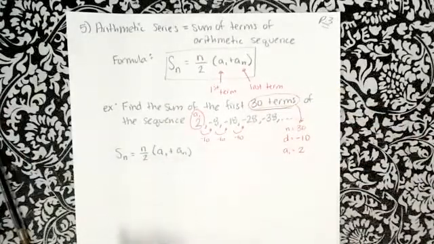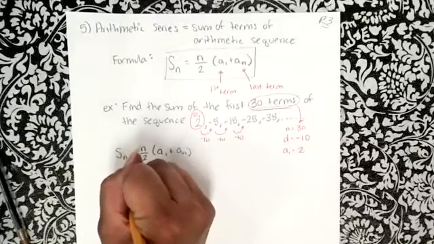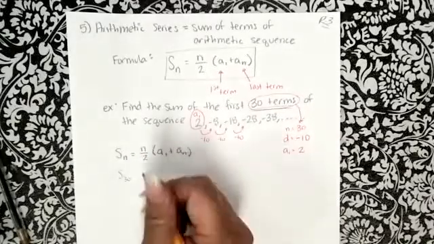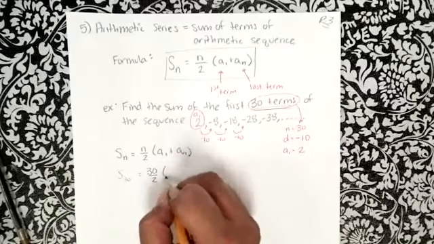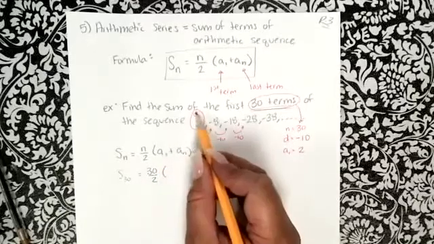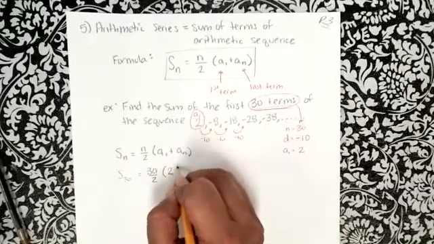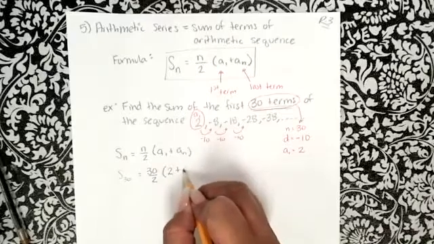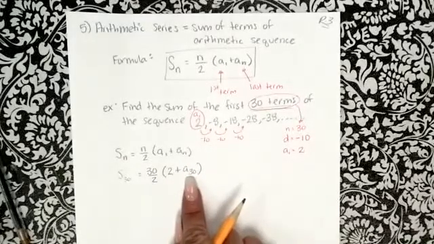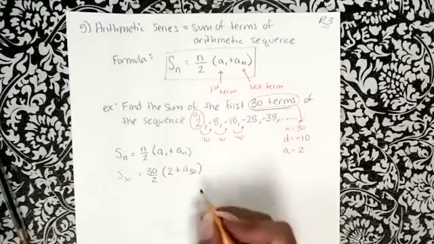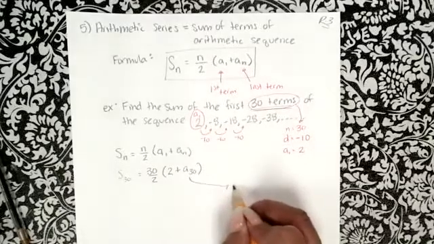So now when I plug all this in, I have S of 30 equals 30 divided by 2 times a1 plus a30. I know what the a1 is. The a1 is the number 2. I don't know what the 30th term is. I'm going to need to figure that out.